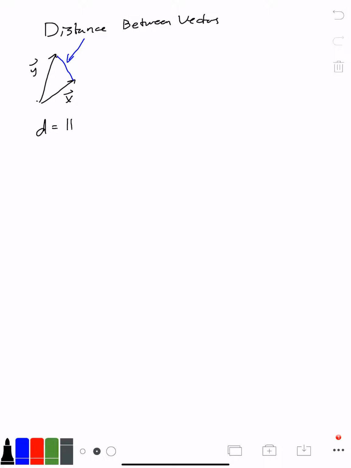It's just going to be the length of the difference of the two vectors. So you just subtract them and then go ahead and take the length of that. And you can in fact do that in either order without it mattering, because the norm of -1 times this difference is the same as the absolute value of -1 times the original vector, and the absolute value of -1 is 1.